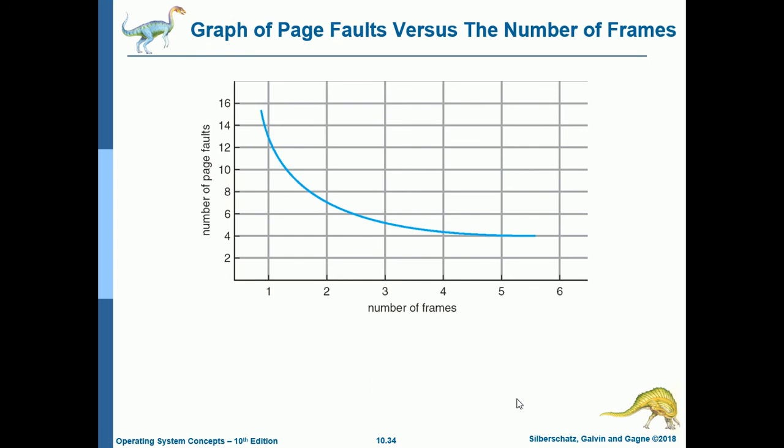Of course, the higher the number of frames, the lower the page faults, which is ideal. If the number of frames is low, there is a tendency toward higher page faults.